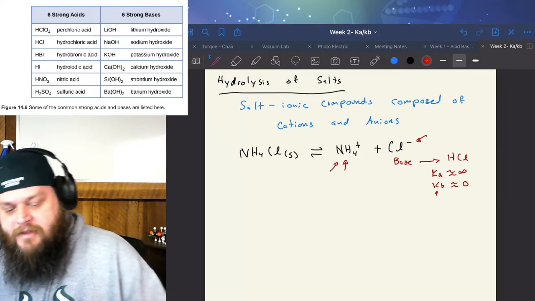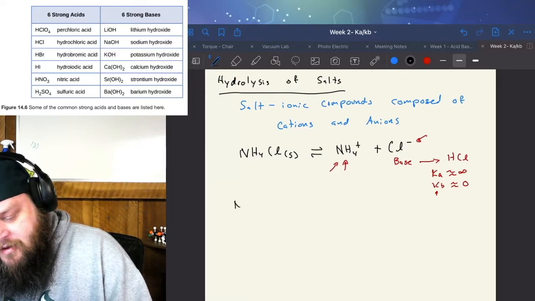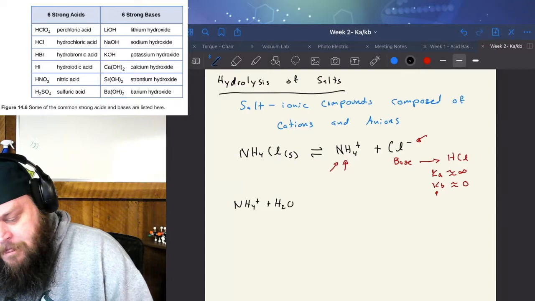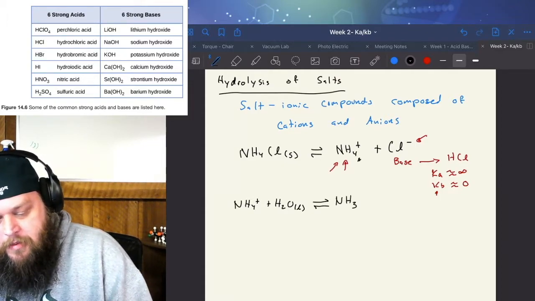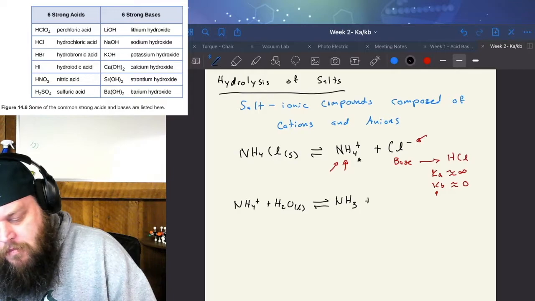It'll act as an acid. So we can then write NH4+ plus H2O, which is a liquid, and it's going to produce NH3, ammonia, plus H3O+.